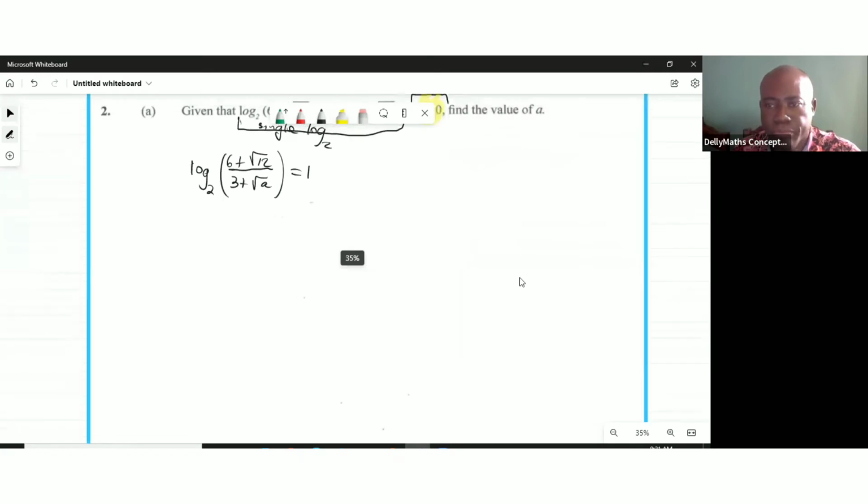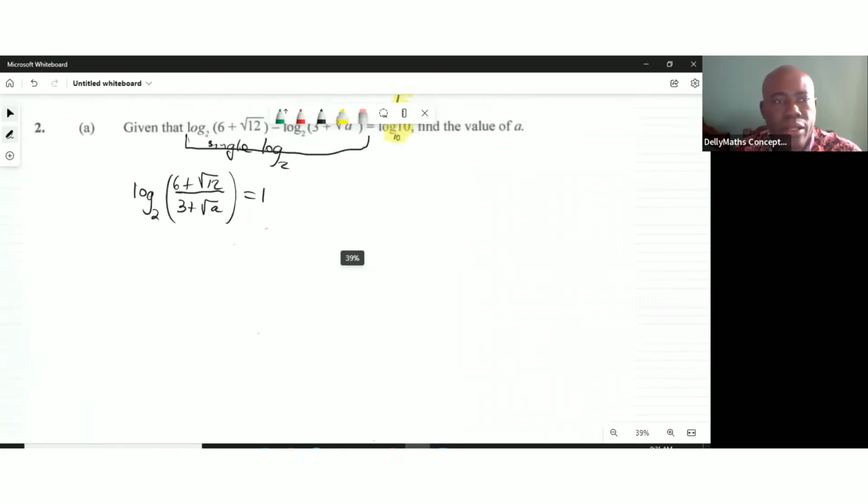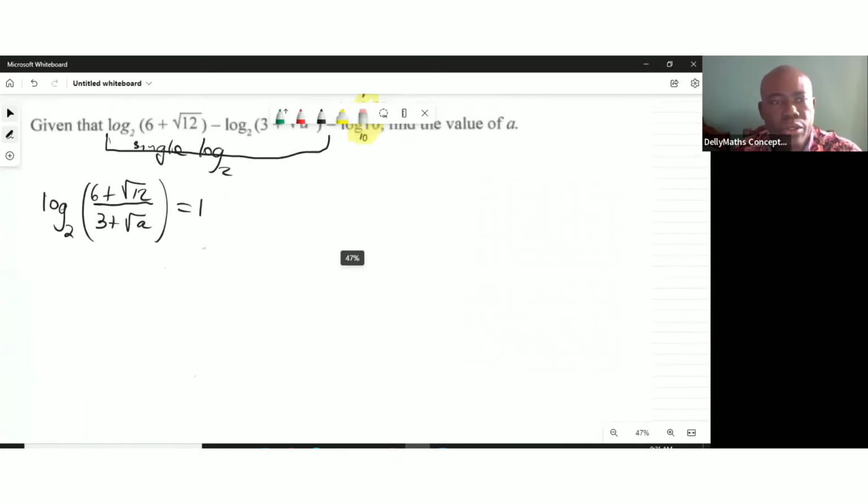So the next move that we can take is to raise the base of the log to 1, and it's going to equal everything that we have in here.